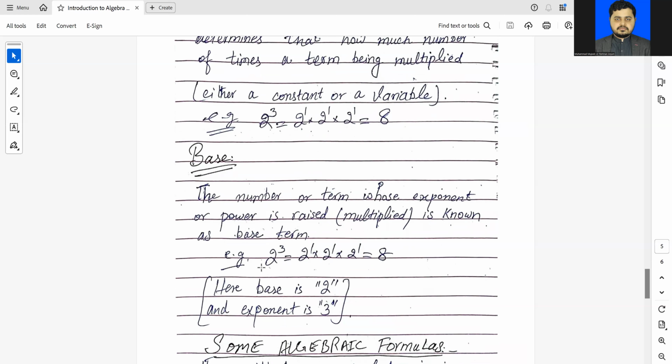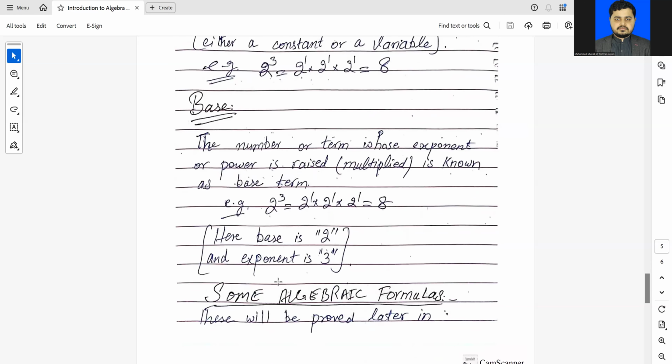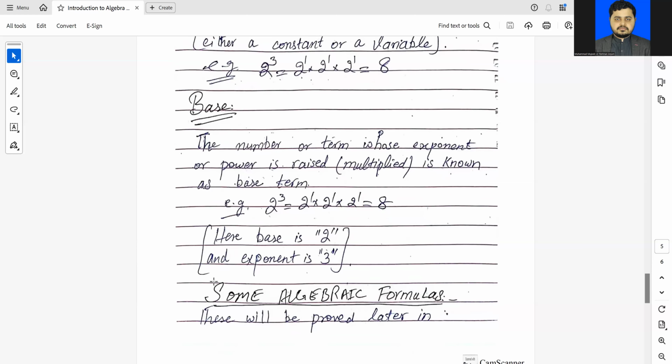Here 2, as I already told you, is acting as a base, and 3, which is the power raised, is the exponent or power.